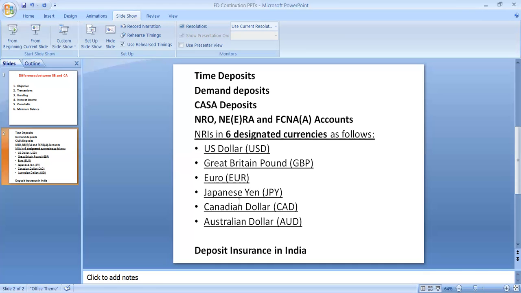It replaced the existing FCNR-A scheme. This account is opened by the NRIs only with the six designated currencies.